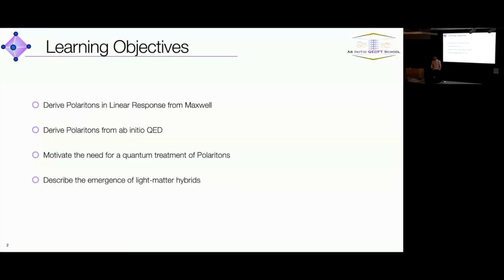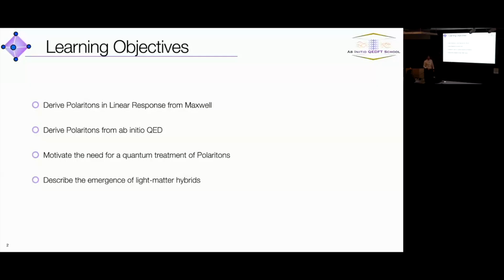And I think it's important to understand this. When I got into the field, I knew about polaritons from textbooks, but I always thought that you needed a quantum description to get polaritonic Rabi splitting and polaritonic branches. But in practice, in many cases, you don't. And I think it's important to see why that is the case, and how simple it is to actually get it from Maxwell.